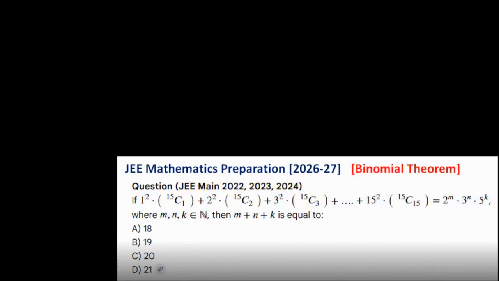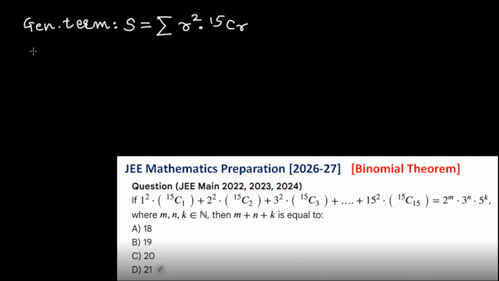First, we will identify and write the general term of the series. Say S equals summation r square, because there are squares of natural numbers here, into 15 Cr, the coefficients given here.